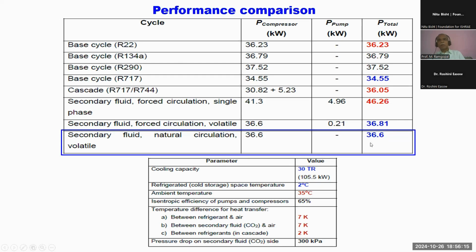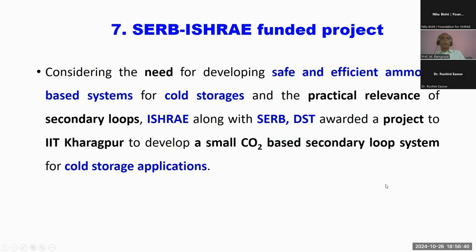But as I mentioned, these calculations did not take into account the amount of ammonia used and the reduced pipeline sizes on the ammonia side and all. So the actual difference can be much lower. Okay, so the idea is just to show that instead of jumping to other synthetic refrigerants, we can think of this kind of hybrid cycles where we are using natural refrigerants and we are not really incurring any heavy penalty.